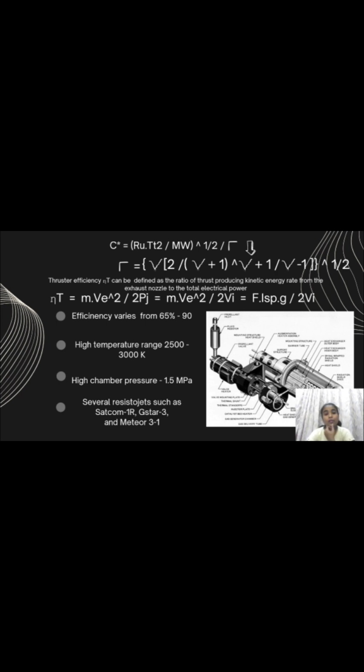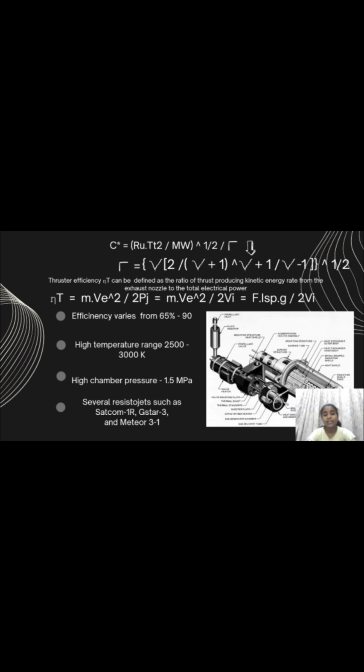VE is the exhaust velocity of the propellant, how fast it is expelled. PJ is the power supplied to the rocket, or the rate at which energy is added to the propellant. VI is the initial velocity of the rocket. F is the thrust produced by the rocket. ISP is the specific impulse of the rocket, a measure of how efficiently the rocket uses the propellant. G is acceleration due to gravity.